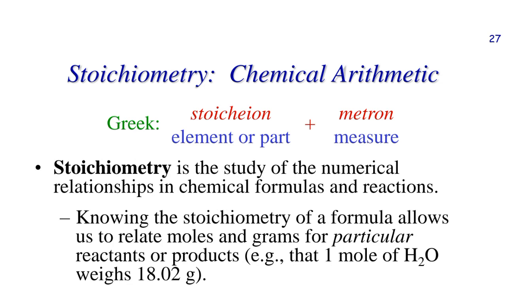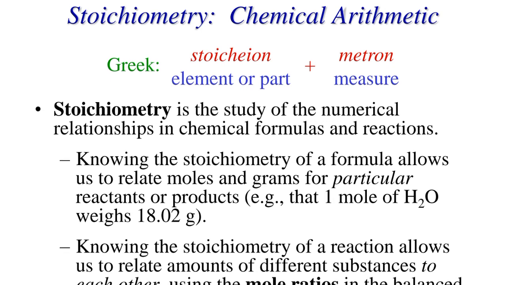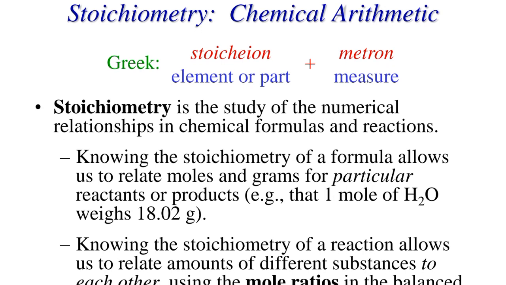So here we try to look at how chemical reactions occur between species and the balancing of the chemical formulas of those species taking part during the reaction. Knowing the stoichiometry of the formula allows us to relate moles and grams for a particular reactant or product.